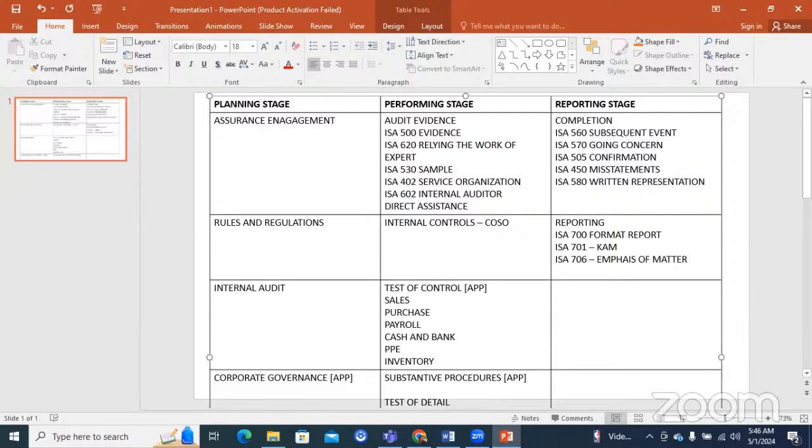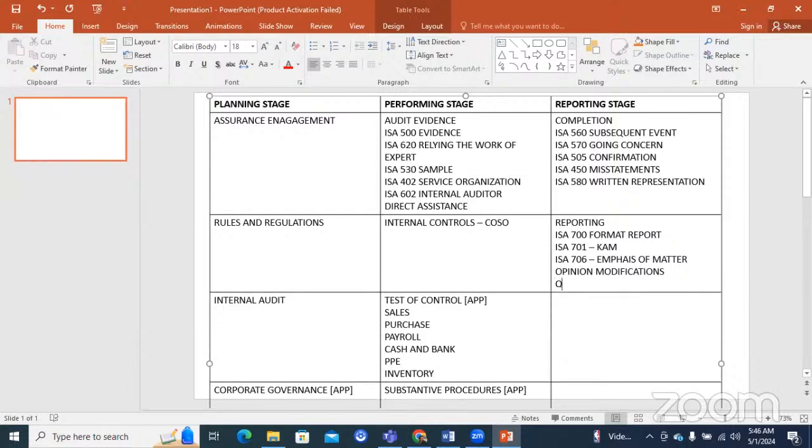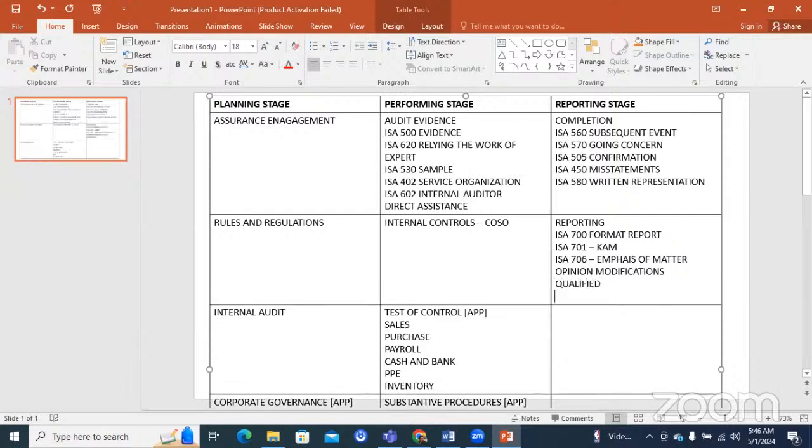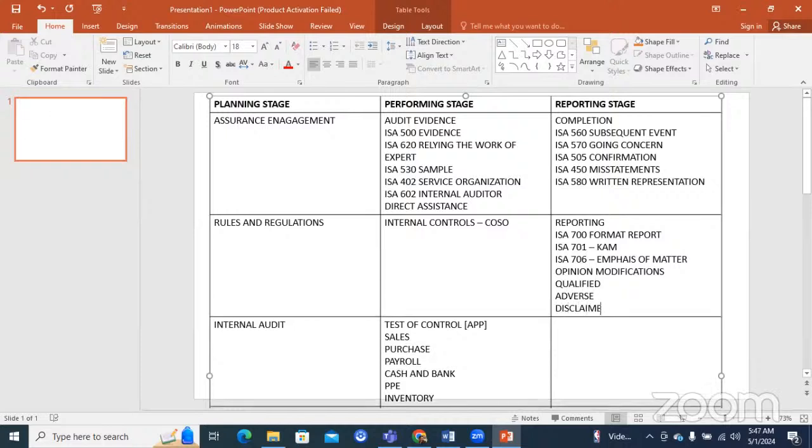Right? And you might study the opinion, different types of opinion modifications. That can be qualified, it can be adverse, or it can be disclaimer. So all these other things come under the reporting stage.